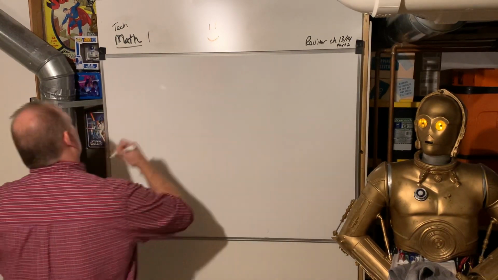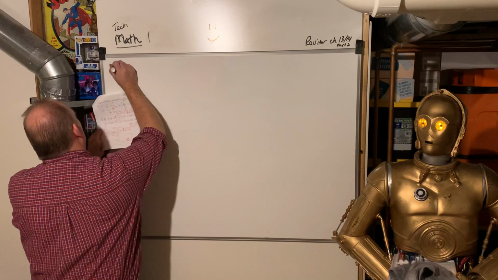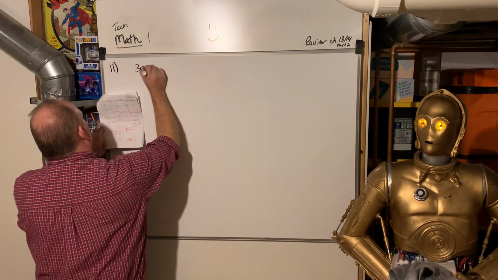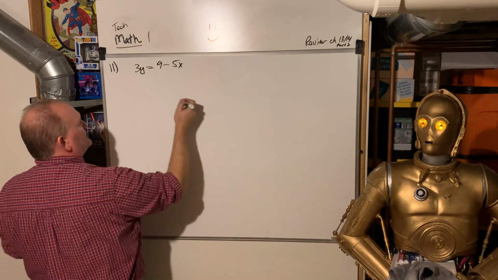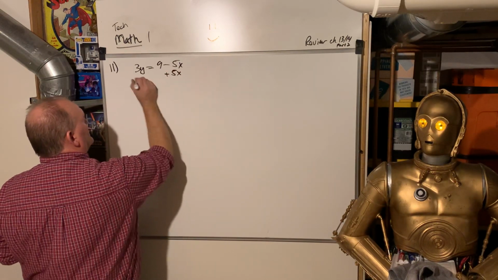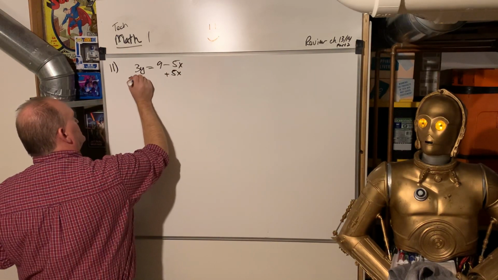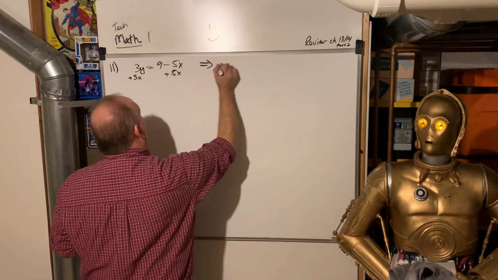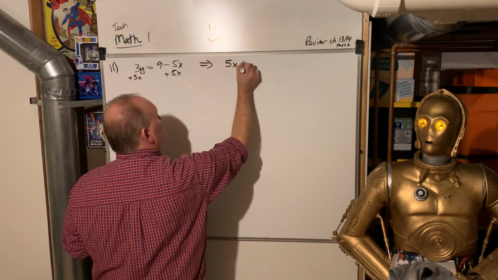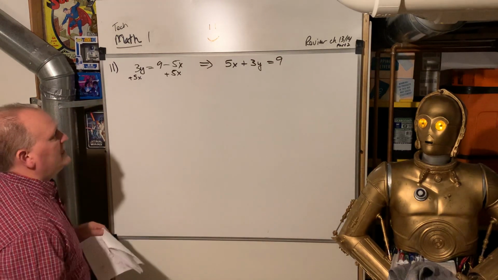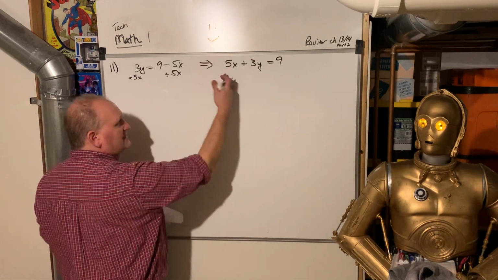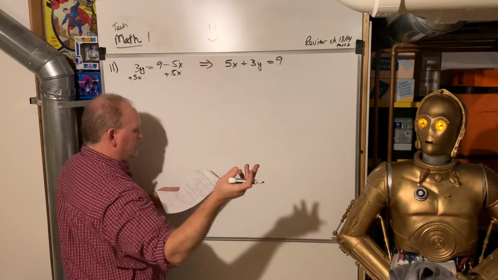All right, so now 11. It's a linear equation, except they want us to do a matrix, so we want x, y, and equals a number. And so what we're going to do, it's called an augmented matrix. I'll explain in a minute. So first, we get x and y on the same side, like how we did the addition problems.